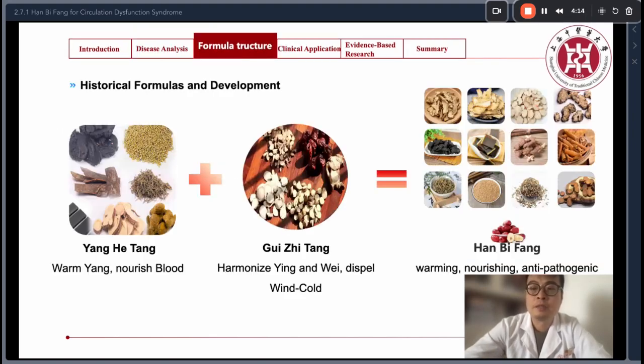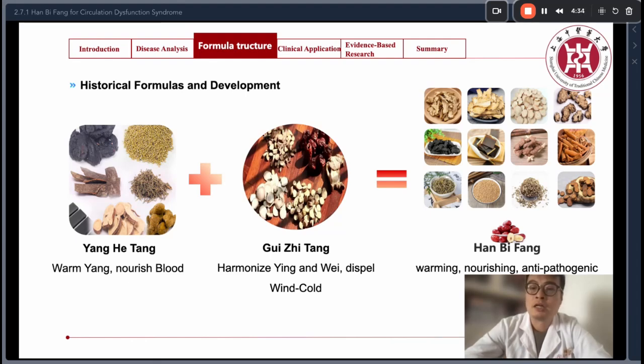Historically, cold B was treated with warming formulas like 桂枝汤 for mild cold invasion with stiffness, and 阳和汤 for cold that has penetrated deeper into the joints and the sinews.